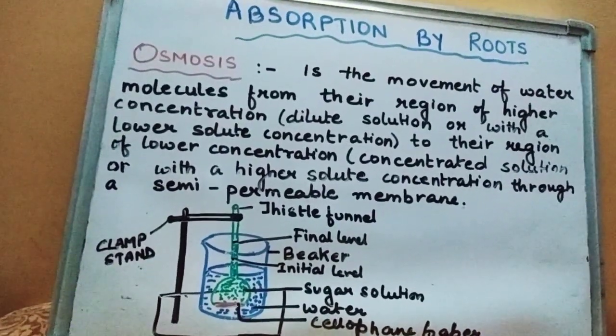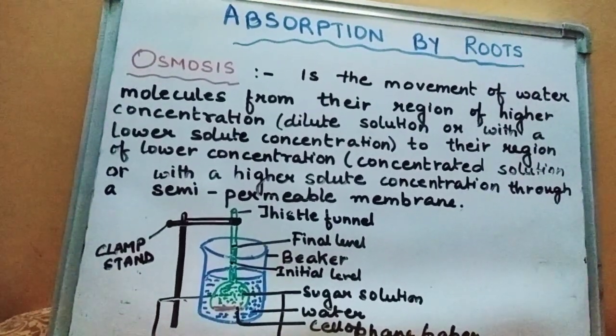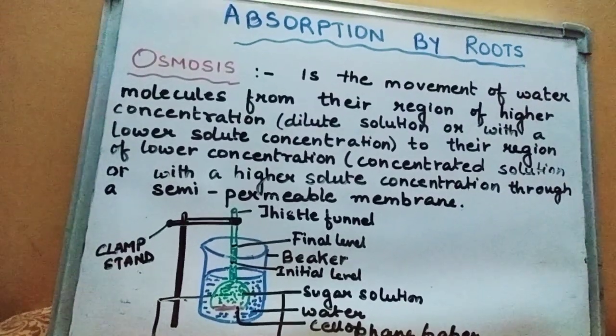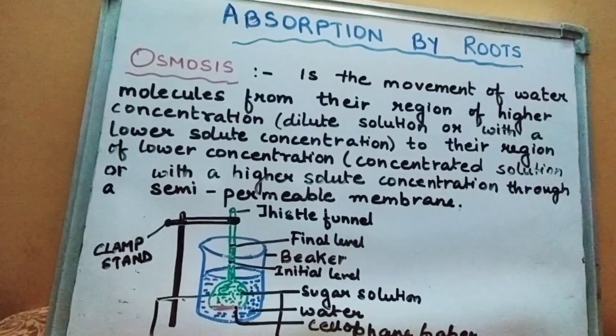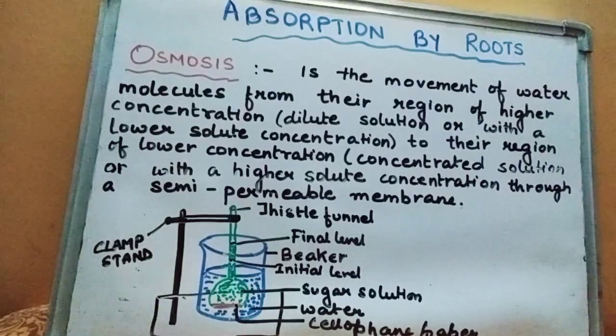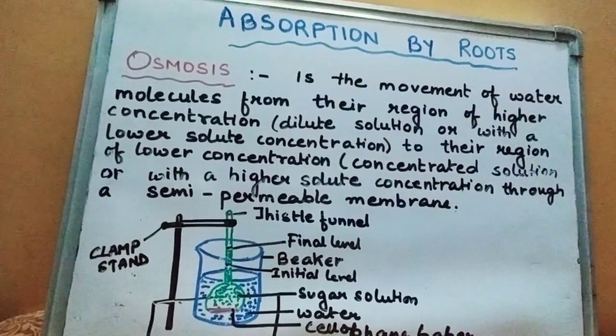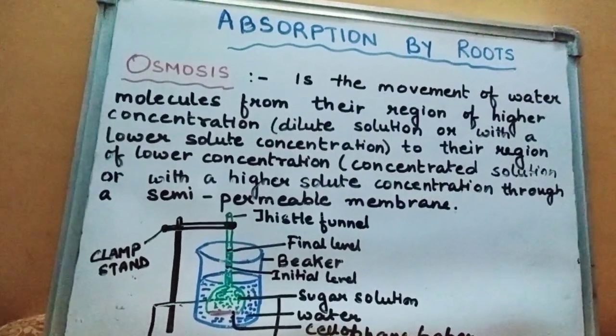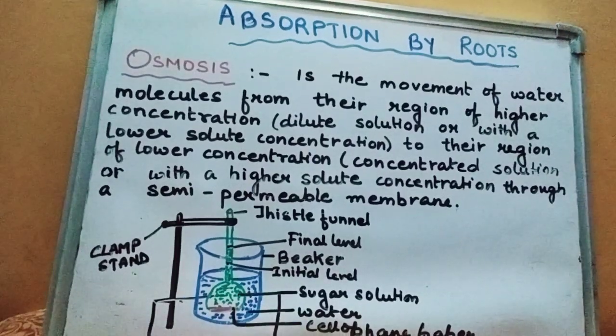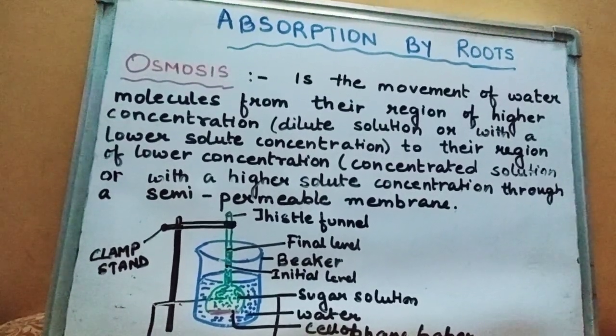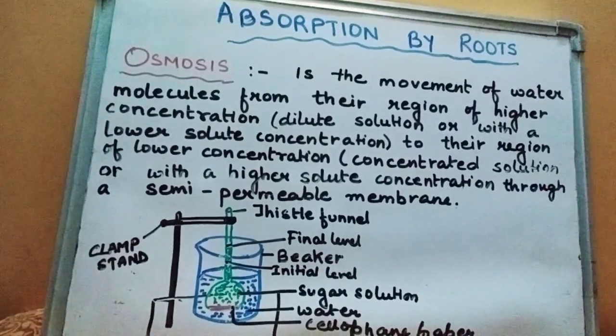In my coming video, I will be talking about exosmosis, endosmosis and tonicity, where you will be cleared about the process of exosmosis, endosmosis and the examples of iso, hypo and hypertonic, because this is very important in applicative kind of questions that can come.